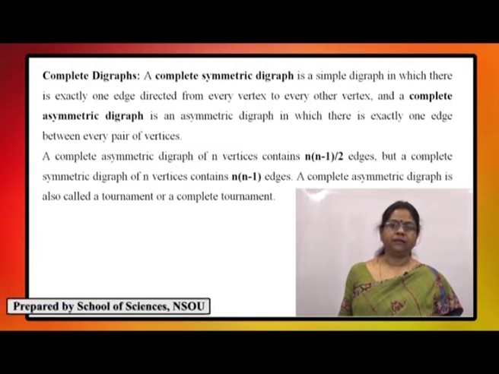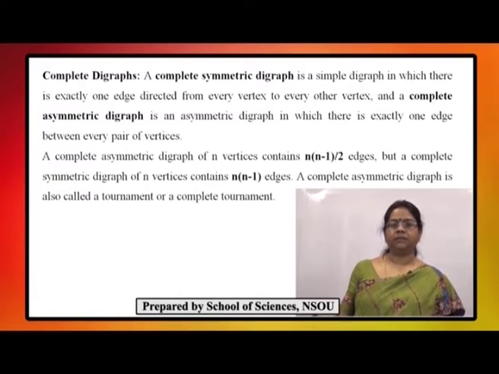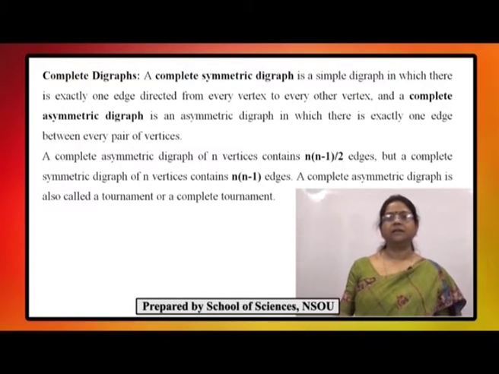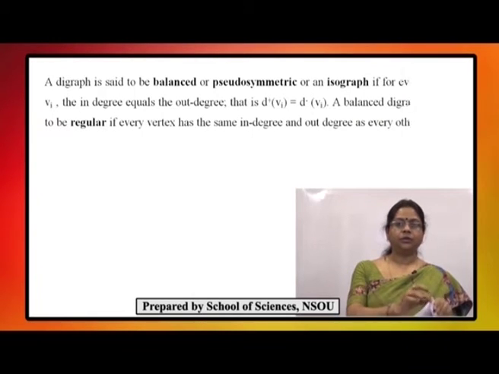Between every pair of teams there is a game played and one team wins. So that tournament can be represented by this complete asymmetric digraph. So this is called a tournament.